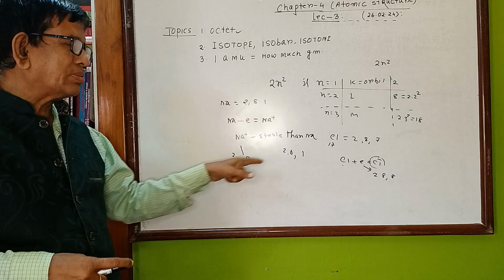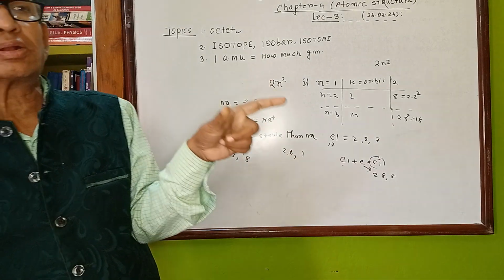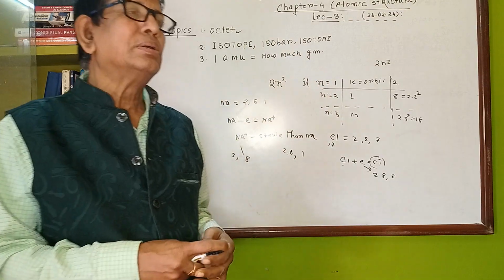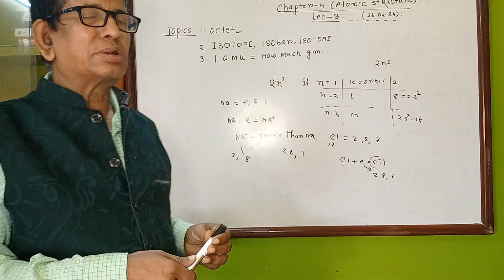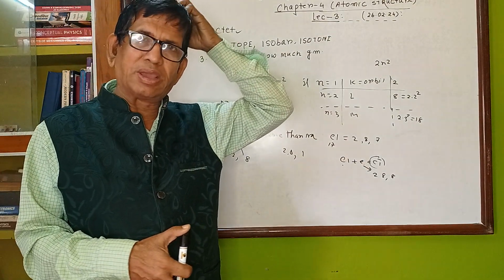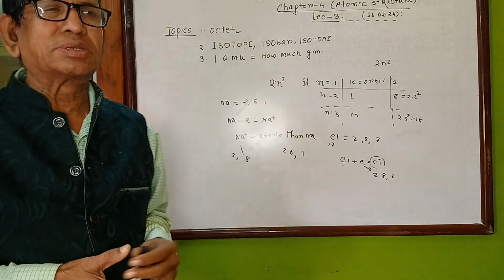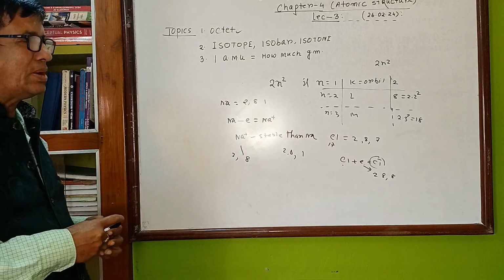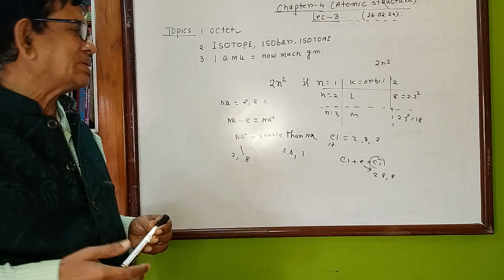But there are also the azimuthal quantum number, orbital quantum number and magnetic quantum number, with s, p, d, f, which we will discuss in class 11 in detail. I am not going into the details, as for class 9 level it will be beyond your understanding.